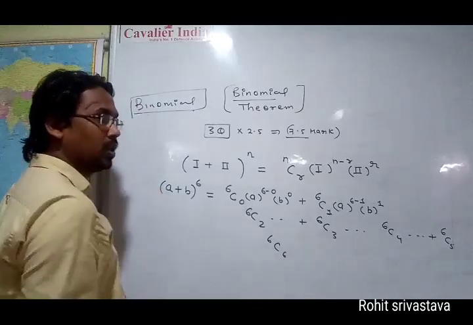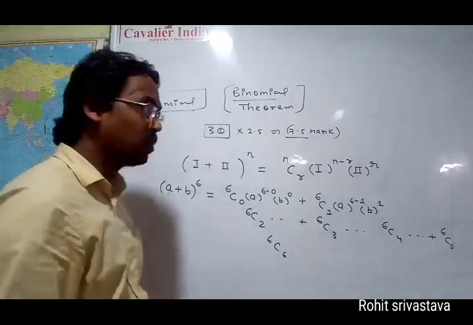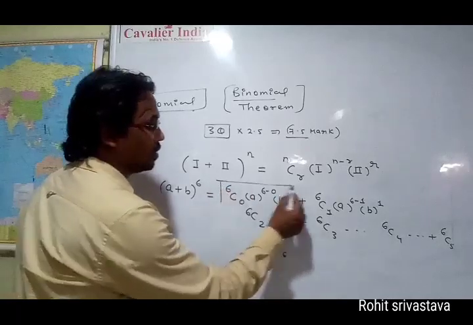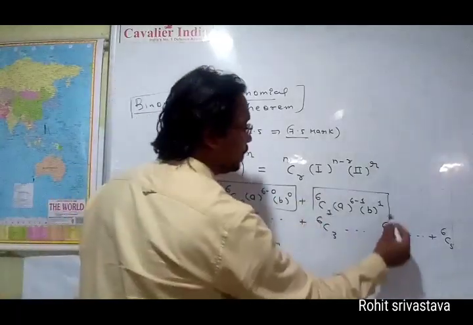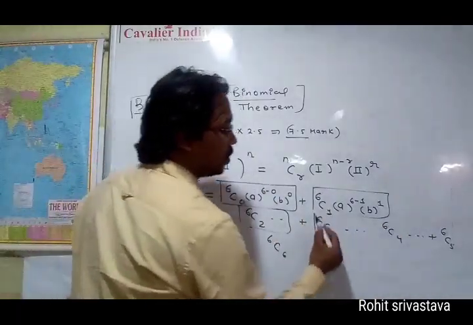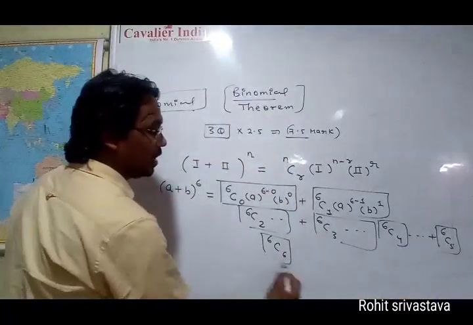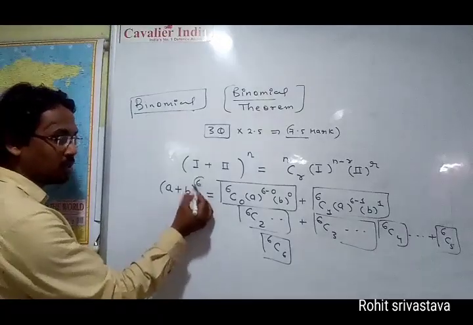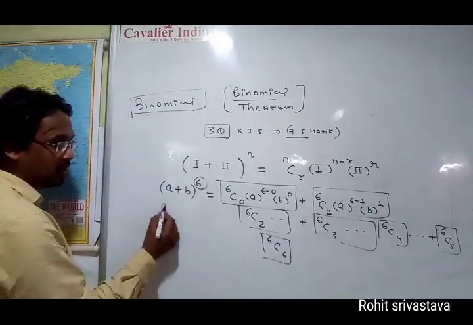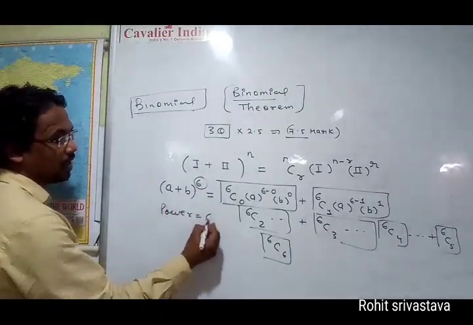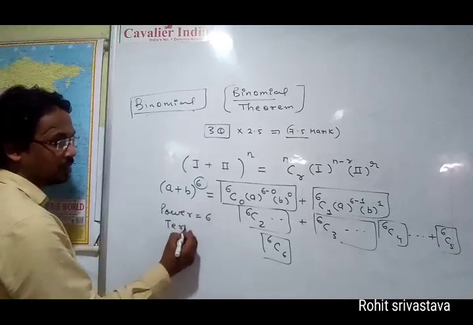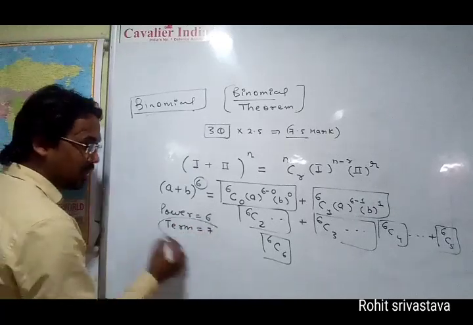If you count the number of terms, it is 1 term, 2 term, 3 term, 4, 5, 6 and 7. When you look here, we have a power of 6 and the number of terms opening is 7.